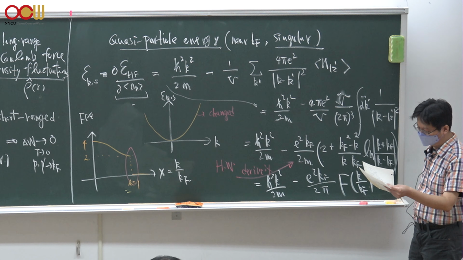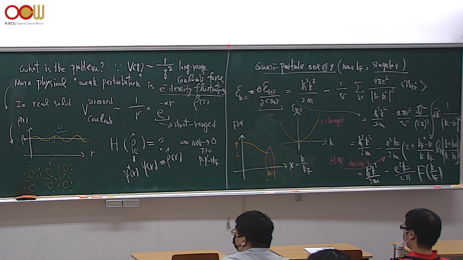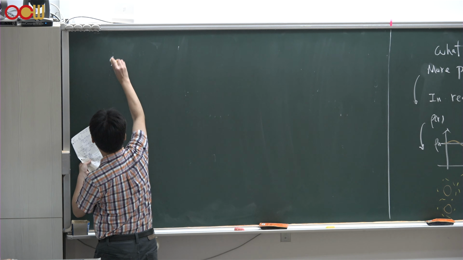And such a jump indicates that the density of states right at the Fermi surface of such a quasi-particle is actually almost 0, because we could very easily calculate the density of states at the Fermi surface of such electrons within the Hartree-Fock, and you will see that the density of states at the Fermi surface is actually 0, because of this sudden jump of this f function due to the log dependence of this exchange energy, k minus kF. So let's just calculate the density of states.